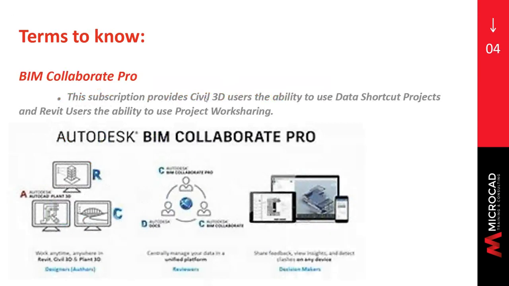Then we have the term BIM Collaborate Pro. So what does this mean? Well, if you're using BIM Docs or Autodesk Docs to store your files, but let's say you're a Civil 3D user and you want to be able to share your surface models with other users, your alignments, etc. Do the standard Civil 3D data shortcut project use that you're used to doing with Civil 3D.